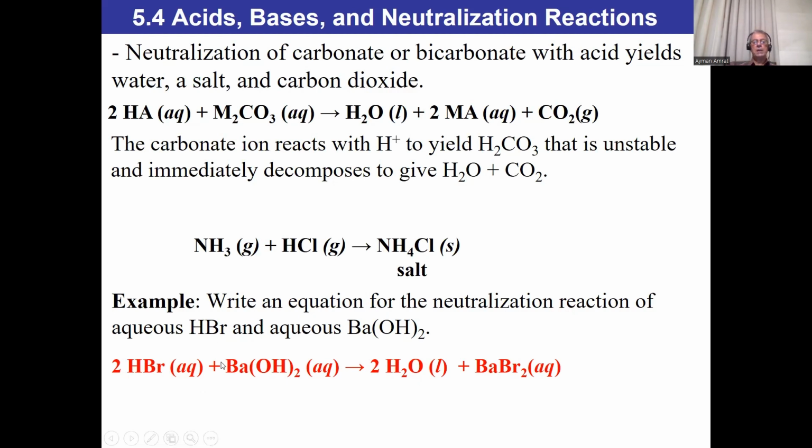The Ba2 plus needs 2 Br minus to form BaBr2. This is the balanced equation of the reaction of HBr with barium hydroxide.